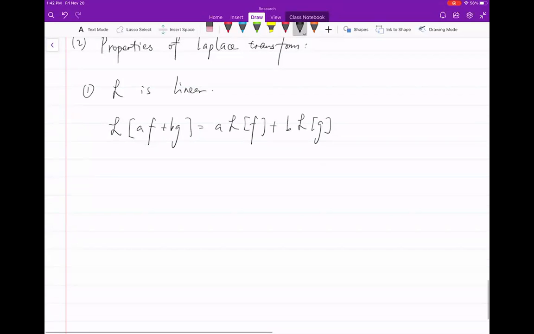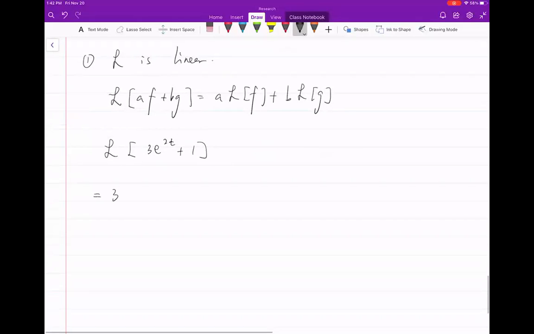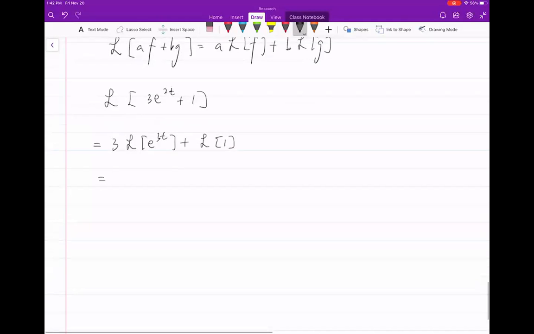That means what? That means the Laplace transform of this one can be decomposed into 3 times the Laplace transform of e to the 3t, plus the Laplace transform of 1, which can be 3 times 1 over s minus 3 plus 1 over s, given that s is bigger than 3.